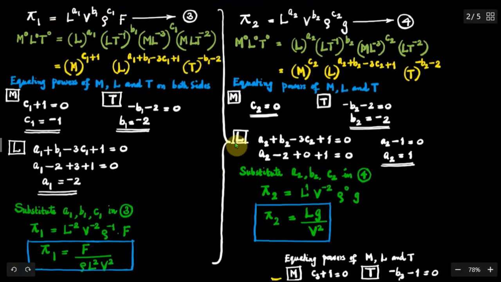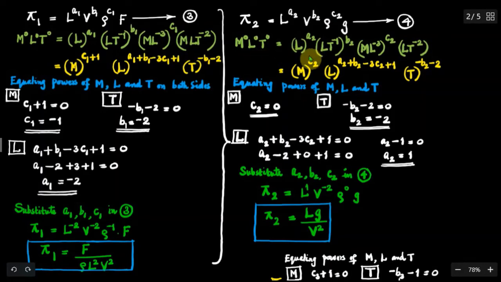Now take the second pi term, pi2. We have already formulated all the three pi terms. Pi2 is equal to the repeating variables L, V, rho and the non-repeating one is G. So pi2 is equal to L raised to A2, V raised to B2, rho raised to C2 into G. Now insert dimensions. M raised to 0, L raised to 0, T raised to 0 on the left hand side, because pi2 is dimensionless.